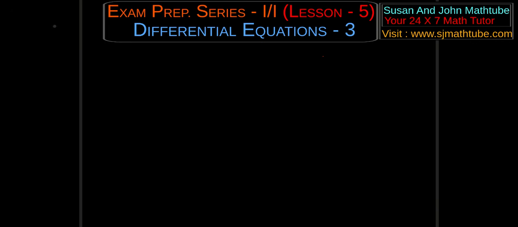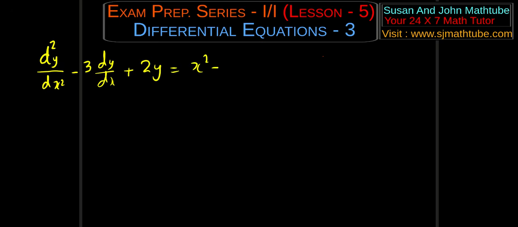Okay, so please write. Solve the differential equation d square y by dx square minus 3 dy by dx plus 2y is equal to x square plus x. Clearly type 3, because the right side is a polynomial and it's a second order differential equation.